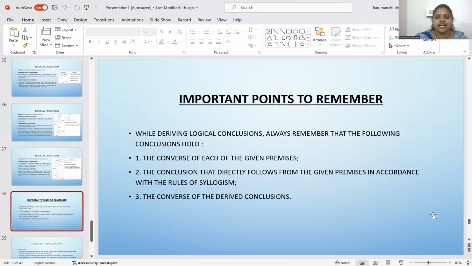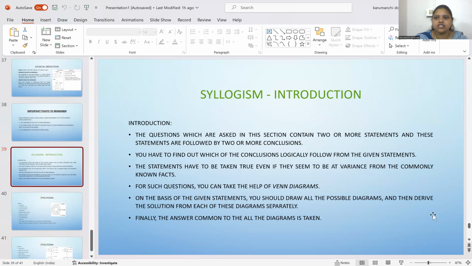The important point to remember while deriving logical conclusions is to always remember the converse of each of the given premises, the conclusion that directly follows from the given premises in accordance with the rules of syllogism, and the converse of the derived conclusion. The questions asked in this section contain two or more statements, followed by two or more conclusions.